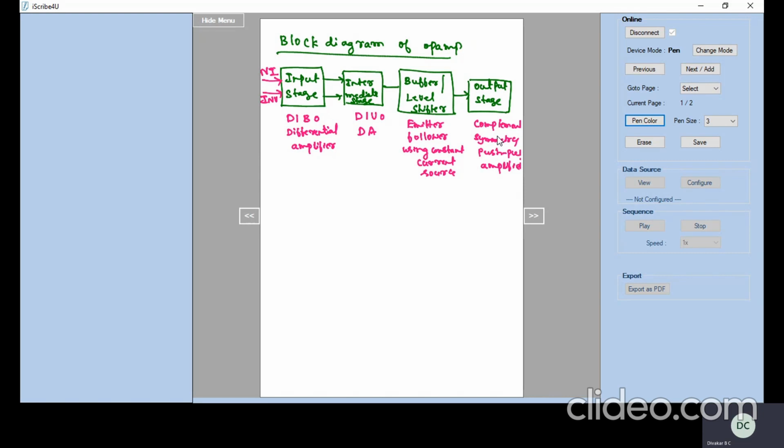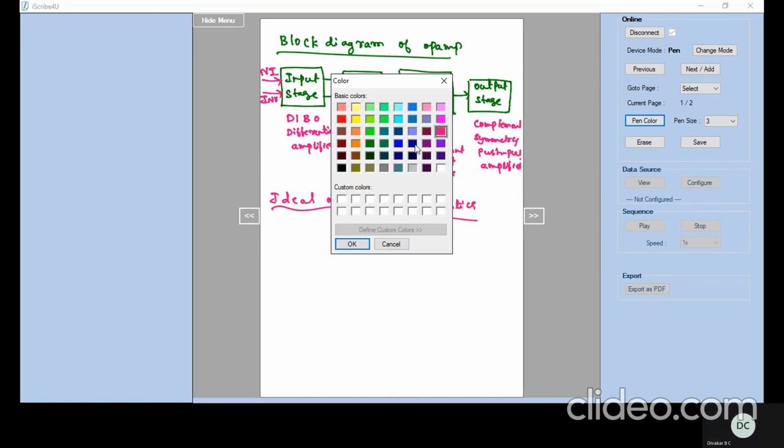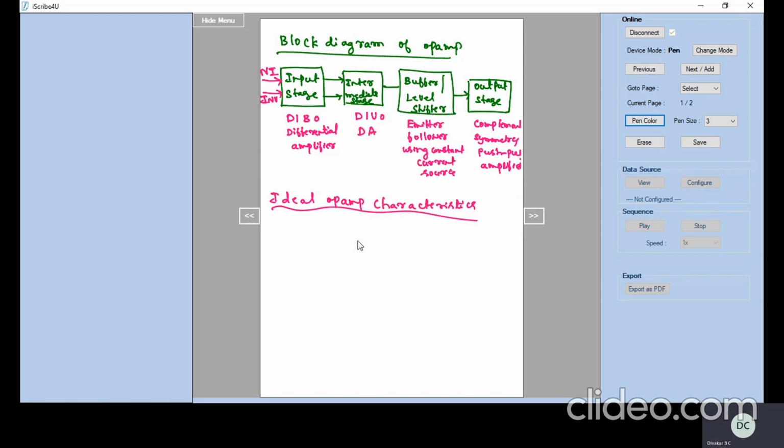Coming to the ideal characteristics of an operational amplifier. First one, input resistance is very high, that is Ri is infinity.